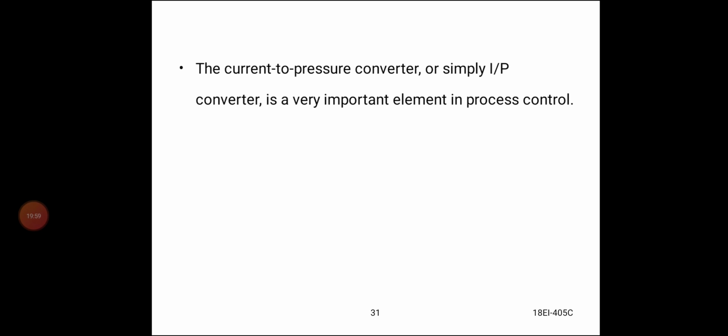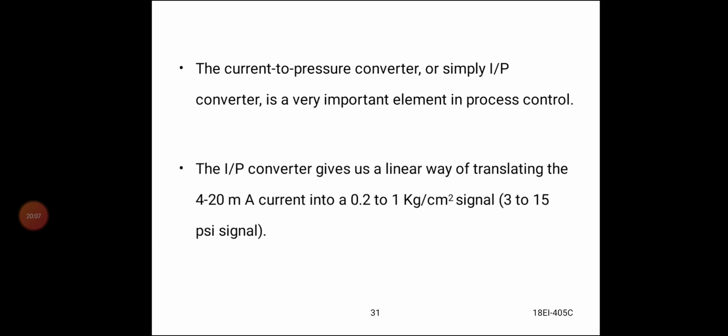The current to pressure (I2P) conversion is a very important element in process control. The I2P converter gives us a linear way of translating the 4 to 20 milliamps of current into a 0.2 to 1 kg per centimeter square signal, that is a 3 to 15 psi signal.